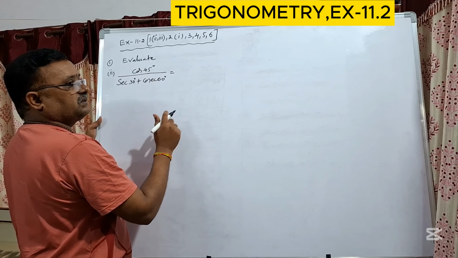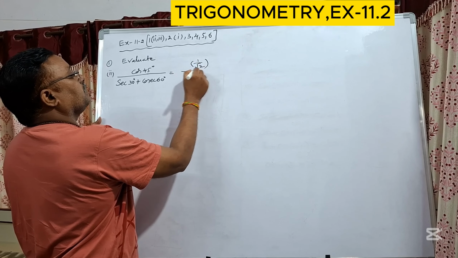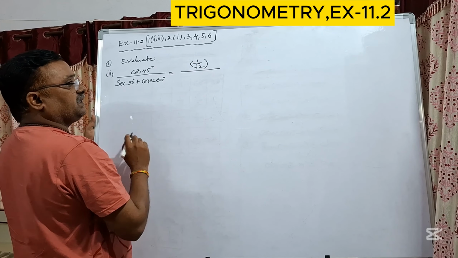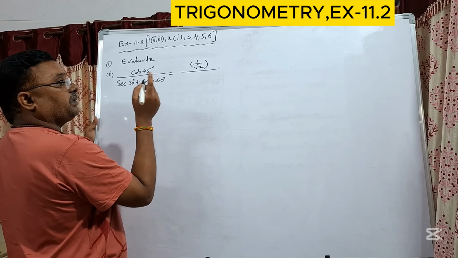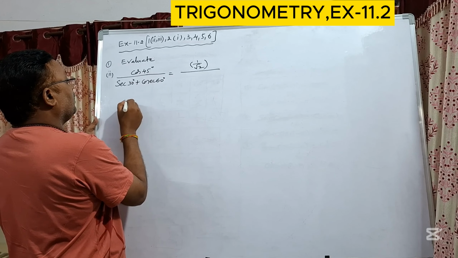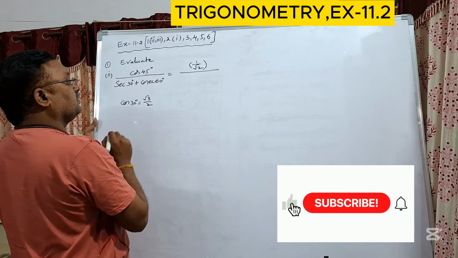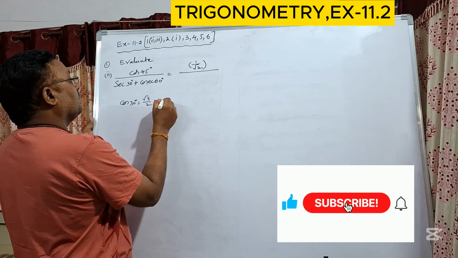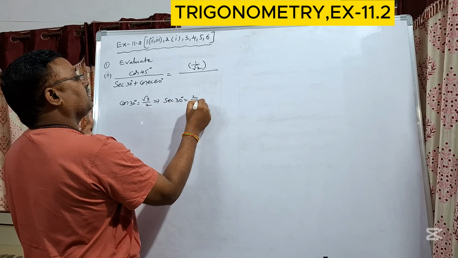Cos 45 degrees value is 1 by root 2, that is the numerator. We don't know secant 30 directly, but we are going to apply the reciprocal property. Cos 30 degrees value is root 3 by 2, so secant 30 degrees value will become 2 by root 3.